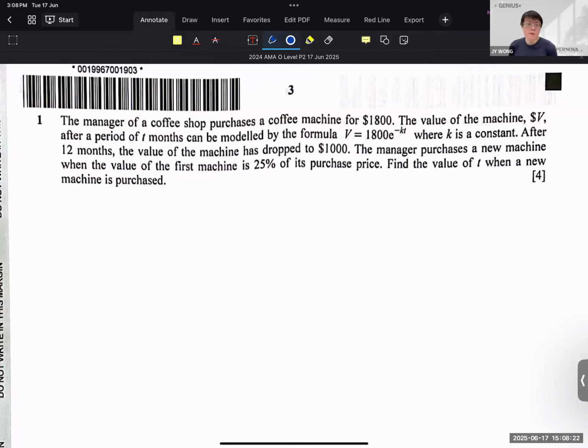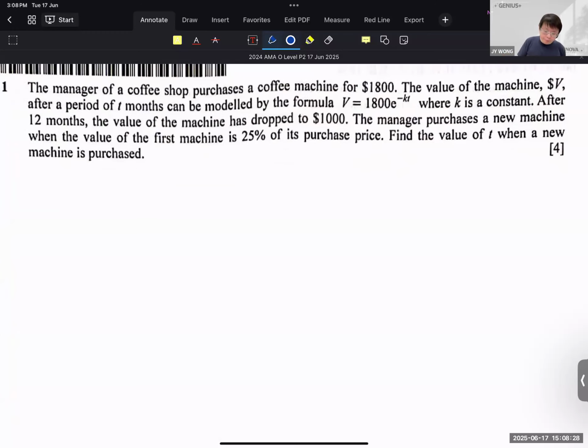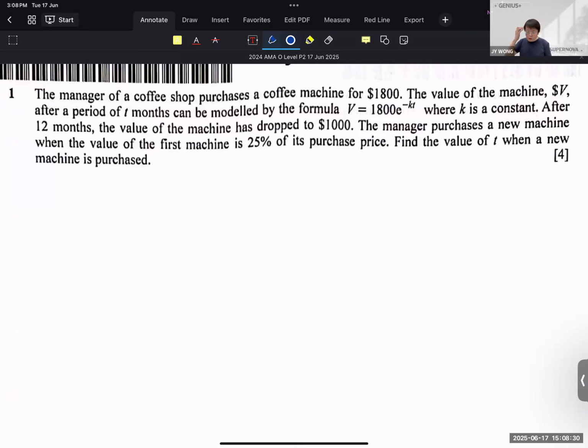It could technically be tested as an E-math question. It's just that because it involves e, it won't be an E-math question. But this is the formula for calculating the depreciation of your item, which is similar to how you would calculate compound interest, if you think about it.